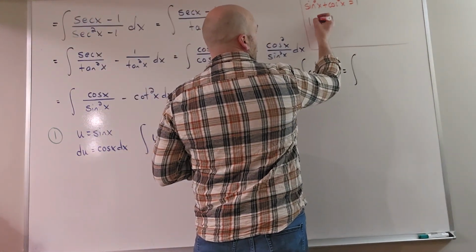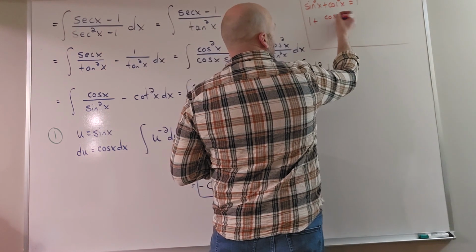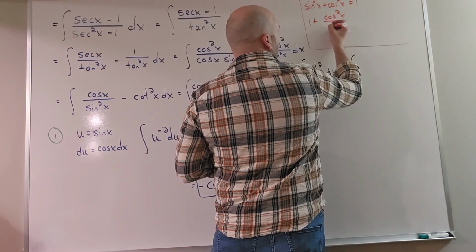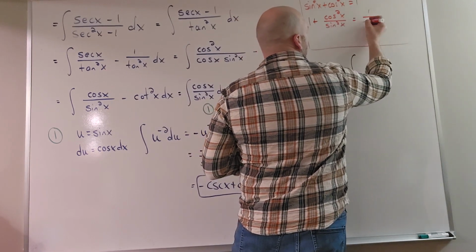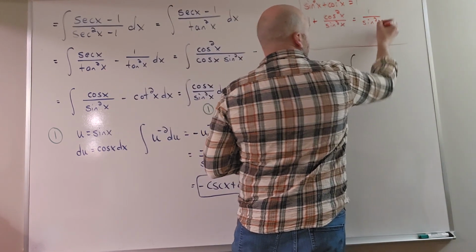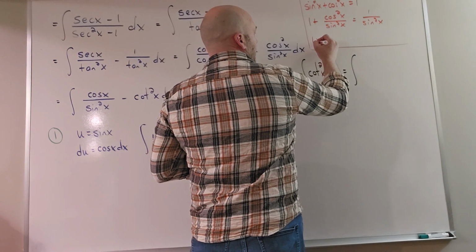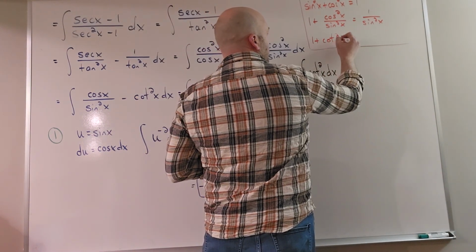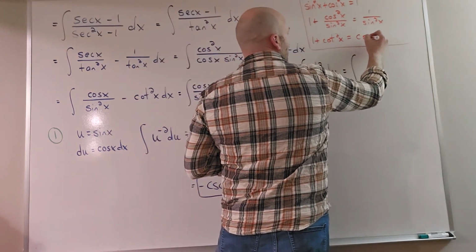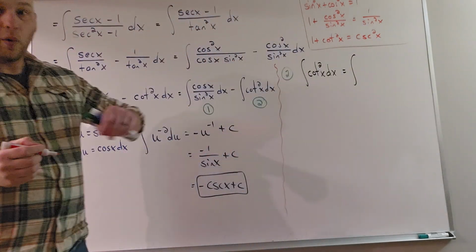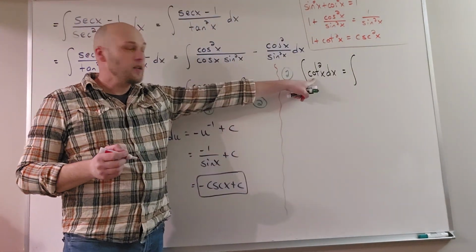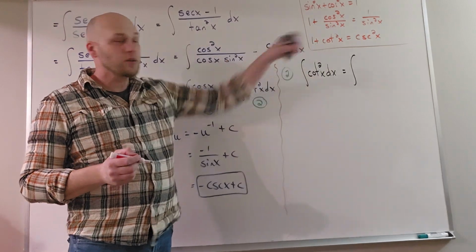That would give me 1 plus cosine squared over sine squared is 1 over sine squared. So that's 1 plus cotangent squared is equal to cosecant squared. Therefore, I'm going to replace cotangent squared with cosecant squared minus 1.